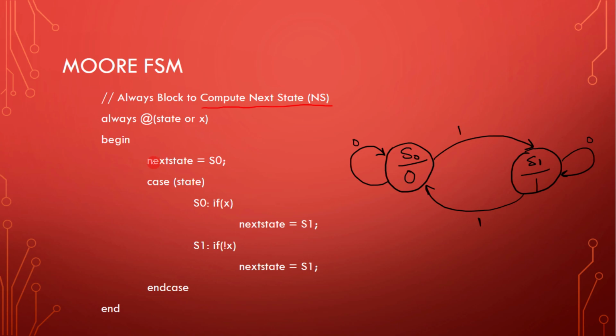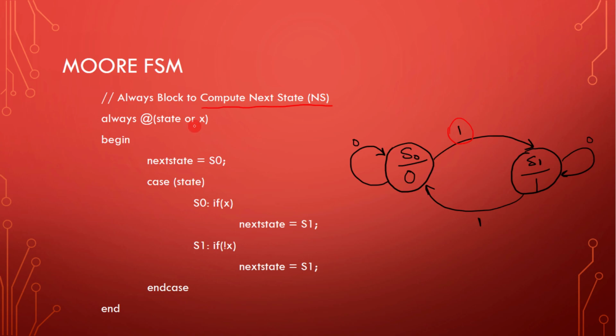In this block, initially you are assigning your next state to its initial state S0. Here you have a case statement. When you have S0, if the input is 1, you are moving to next state S1. This will not be executed because your initial state was S0. So this case statement will finish and you will again move to the always statement, which will wait for a change in the state or input.